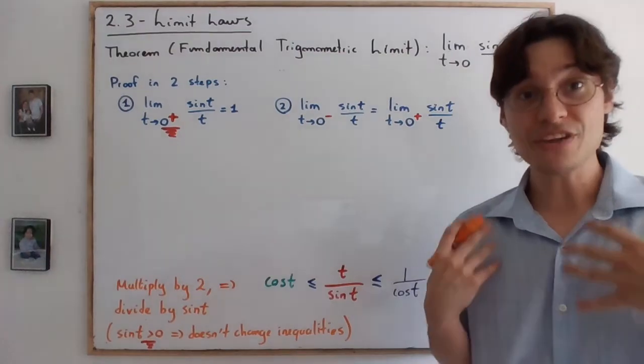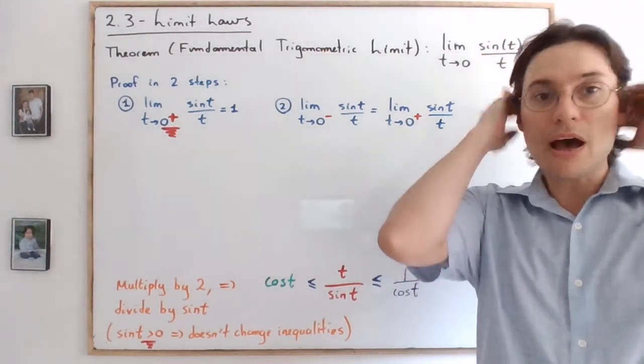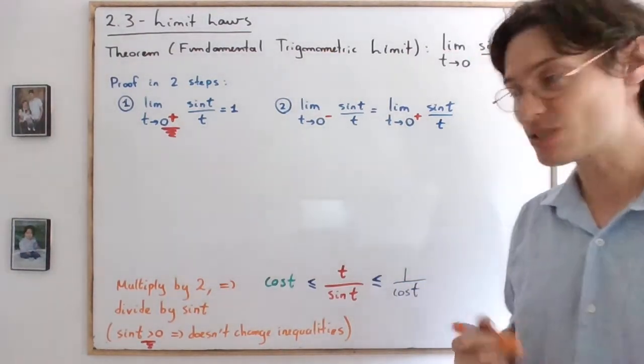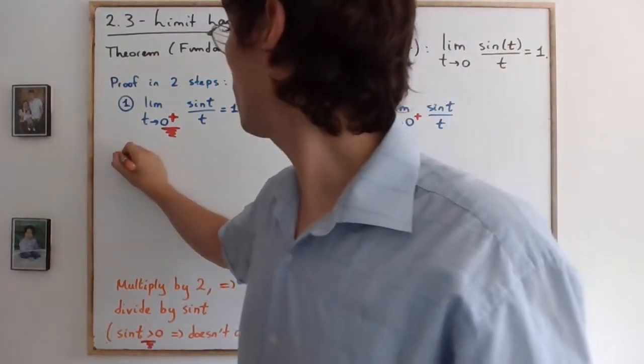Now the next step is to use a decreasing function, and that function is 1 over x.